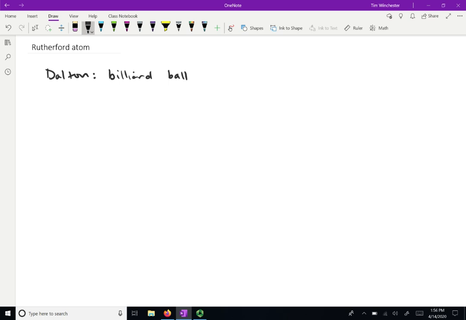Okay, so the next development after Dalton in the model of the atom was from Thomson. Thomson had discovered electrons, and to incorporate electrons into the model of an atom, he came up with what we call the plum pudding model.